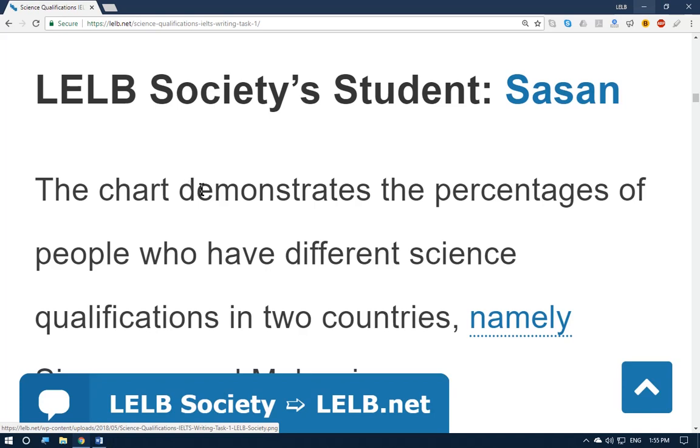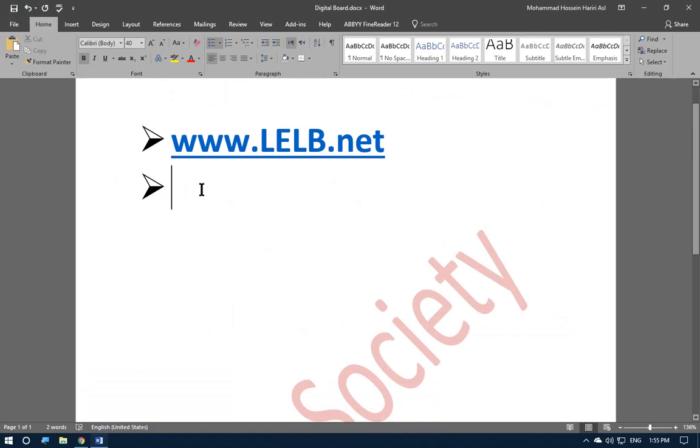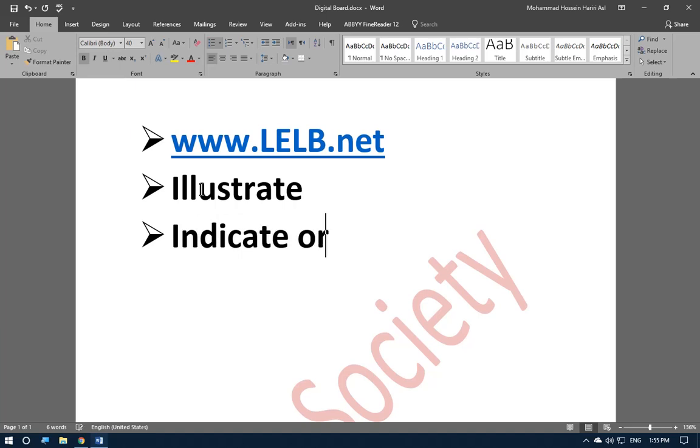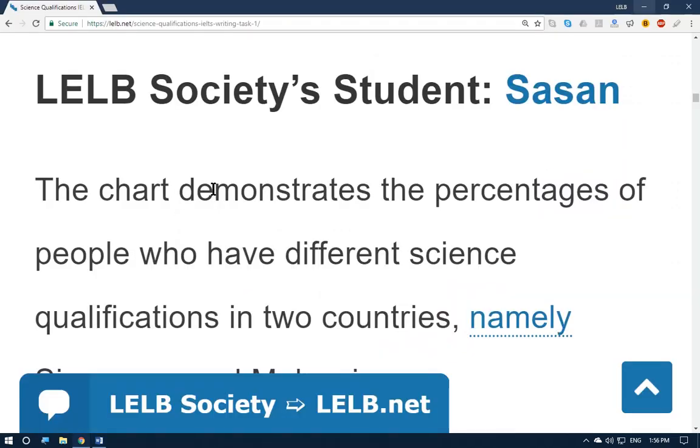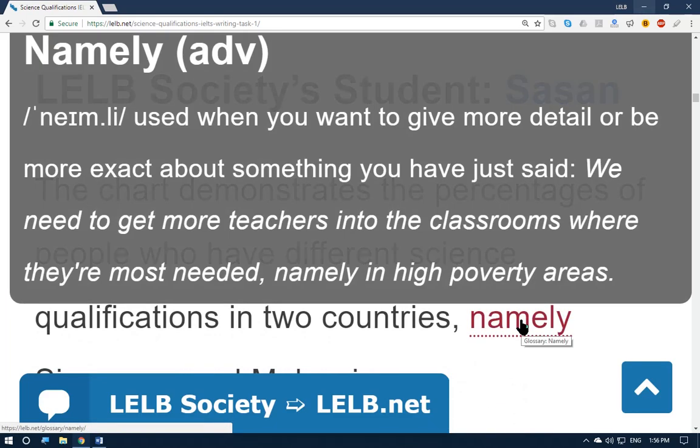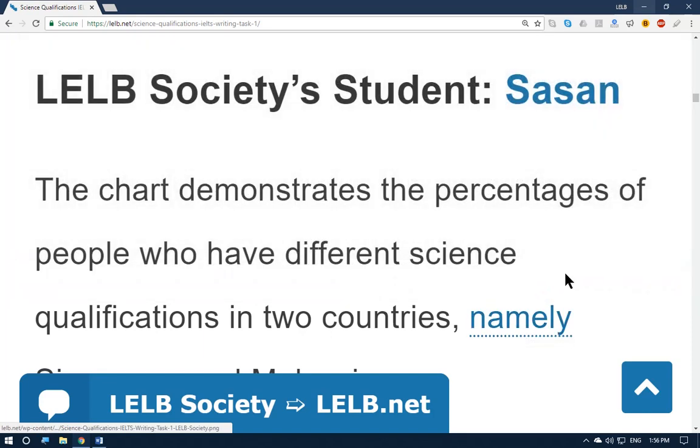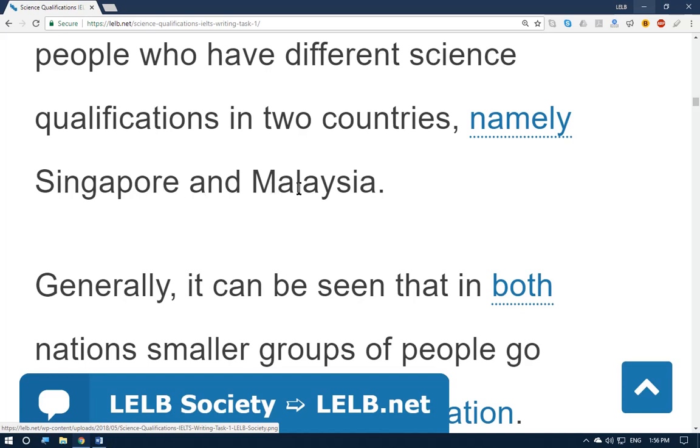The chart demonstrates, or you could say illustrates, or indicates, or shows, or even delineates, the percentages of people who have different science qualifications in 2 countries, namely Singapore and Malaysia. Namely means, when you want to give more details or to be more exact about something you have just said. So this is one of the flashcards.